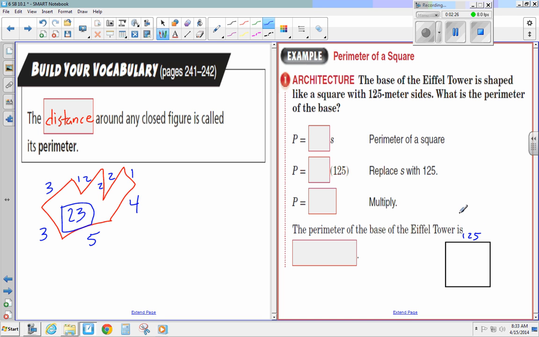What is the perimeter? Well, the perimeter formula is 4 times the side length. So 4 times 125 is 500. So the perimeter of the base of the Eiffel Tower is 500 meters.